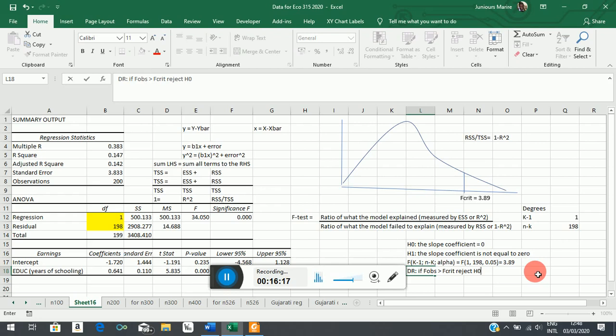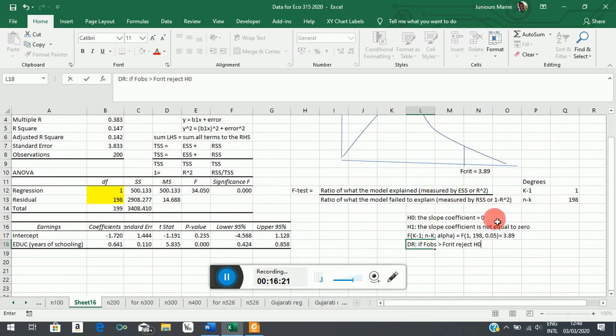Remember, your H0 said the slope coefficient is 0. That is, it is claiming that education does not explain anything at all. If this doesn't hold, then you should fail to reject. That is what we have stated here.